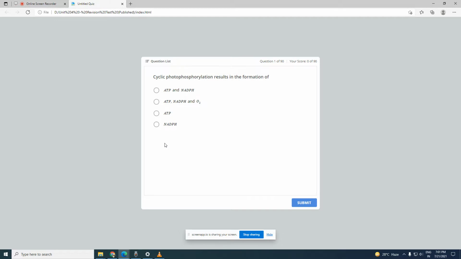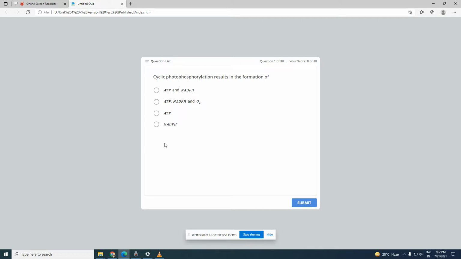The first question. Cyclic photophosphorylation results in the formation of: first option, ATP and NADPH; second option, ATP, NADPH and O2; third option, ATP; fourth option, NADPH.